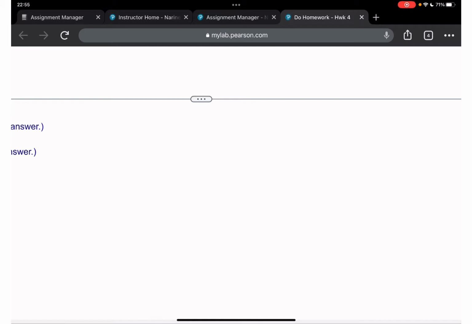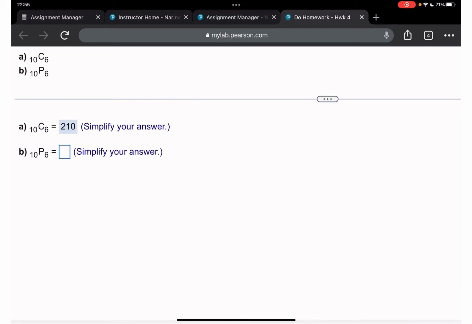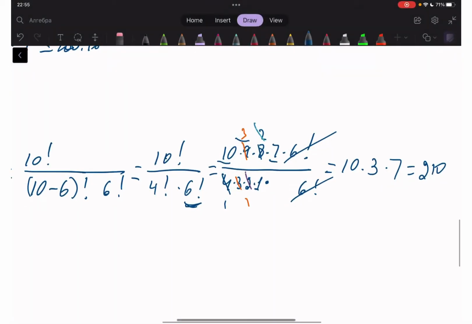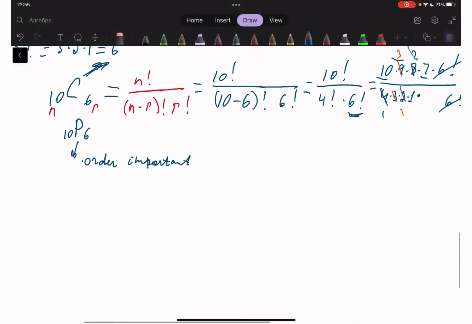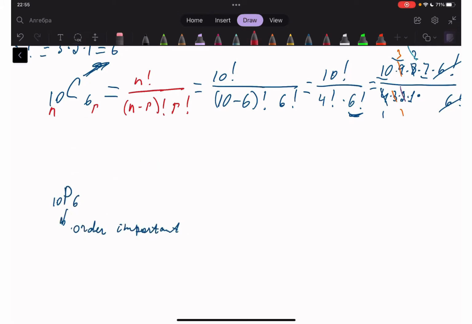Well done. Now we need to find our permutation formula. So how are we going to do it? The formula for permutation is similar: n factorial divided by n minus r factorial, that's all.